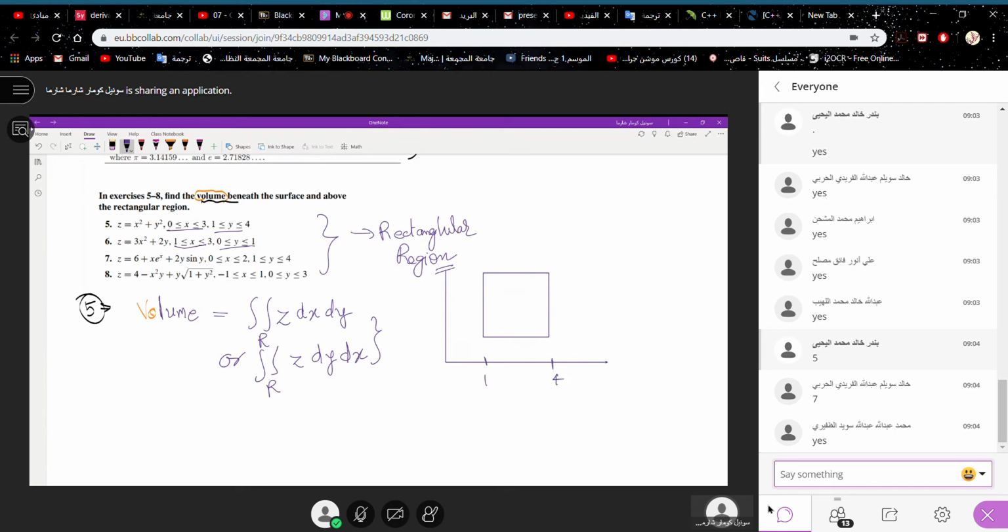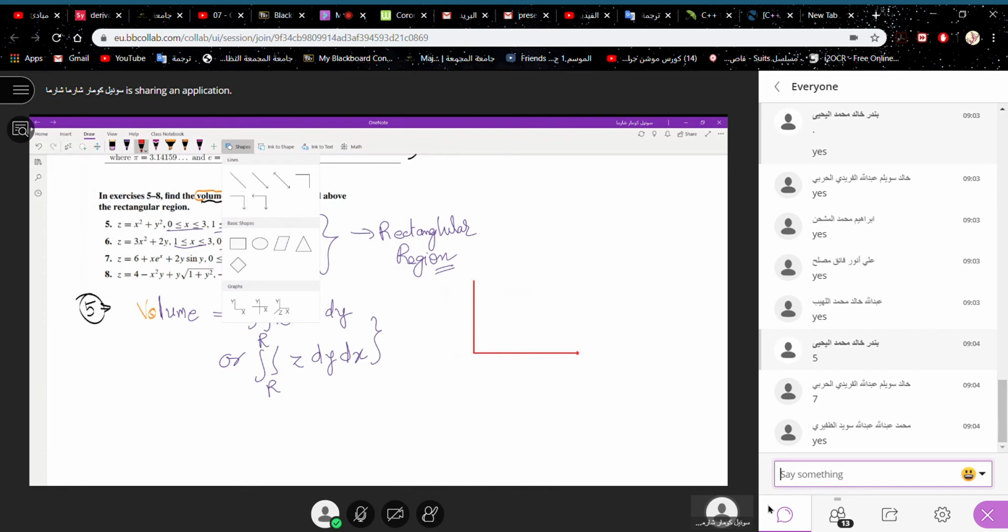Sorry, 0 to 3. Look. The rectangular lines are from where? This is x equal to 0.